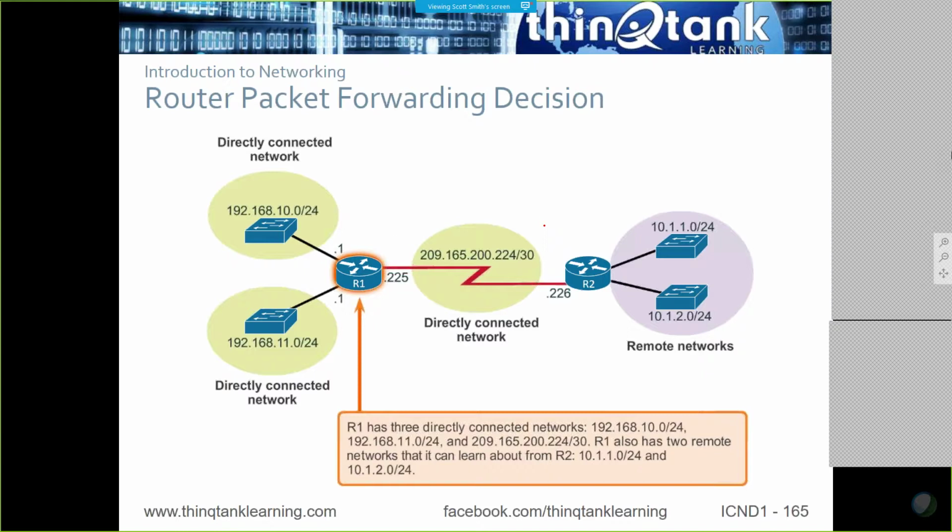What does the switch look at to make a forwarding decision? The destination MAC address, right. What does a router look at to make a forwarding decision? Destination IP address. That's right. Switches have a MAC address table that's built. Routers have a routing table that's built.